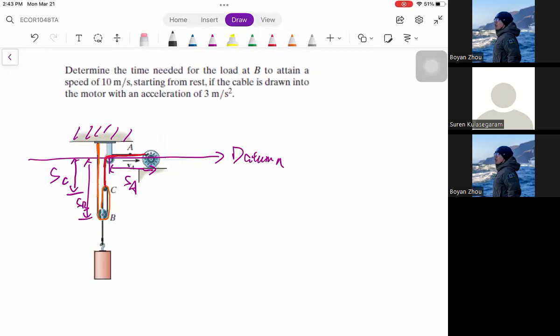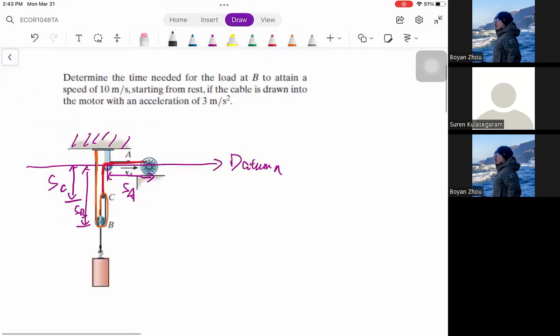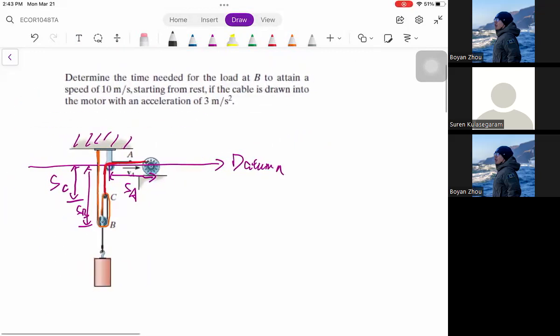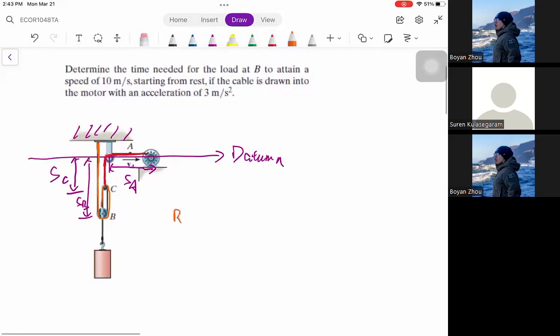So we have 2 cables in this situation, and then we're going to write down the relationship between the ropes and SC and SB. The orange rope I'm going to call rope 1, and the red one is rope 2.